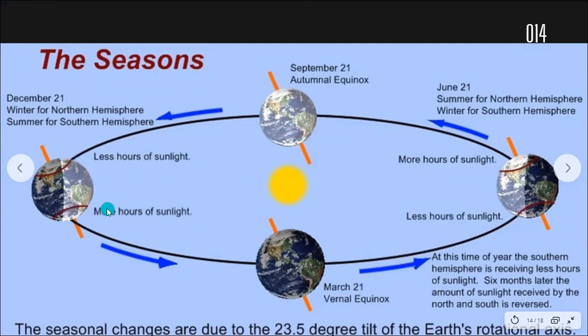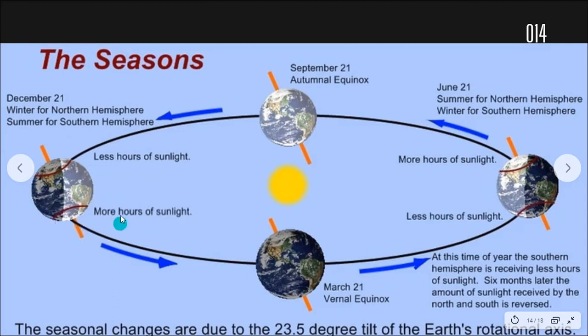So now let me explain this, right, students? This is the sun, this is my earth. This is the axis on which it goes like this. Now what happens is that the sunlight, if you can see, is directly falling on the southern hemisphere, vertically over the southern hemisphere.